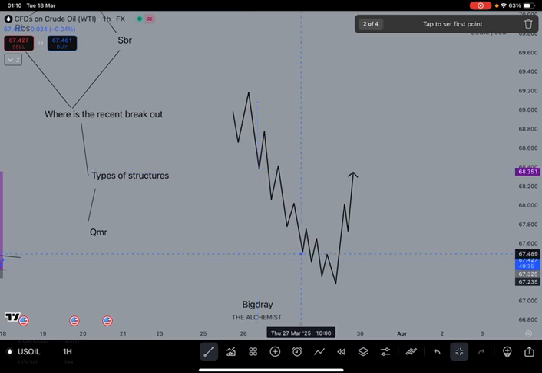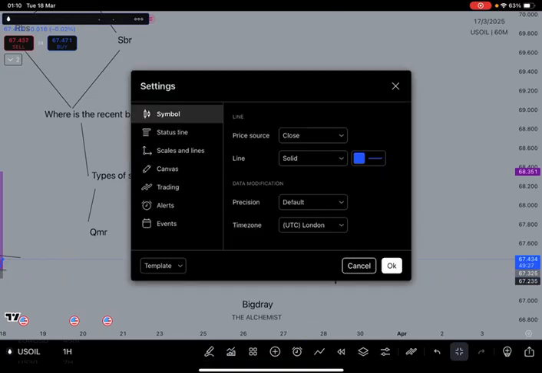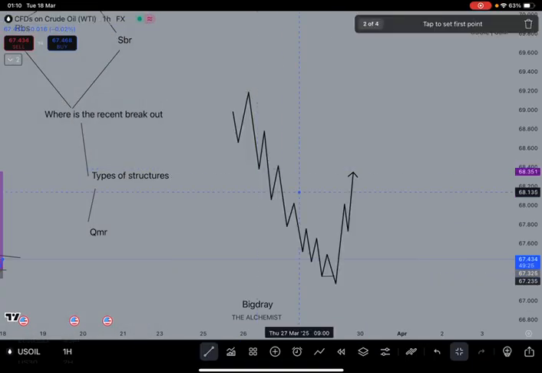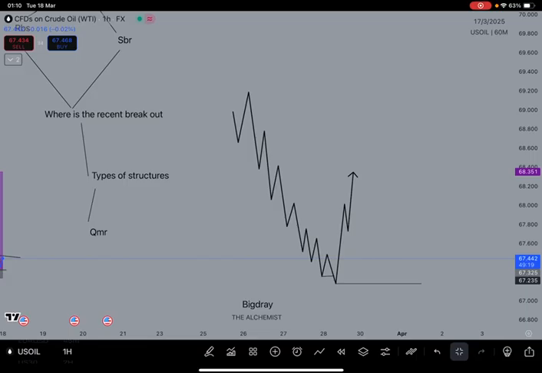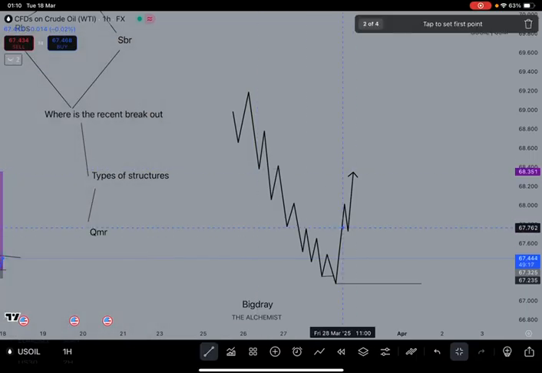You mark here immediately as your what? As your liquidity sweep. The last support that was swept, you mark here as your strong low. Why? Because there is already a pullback.